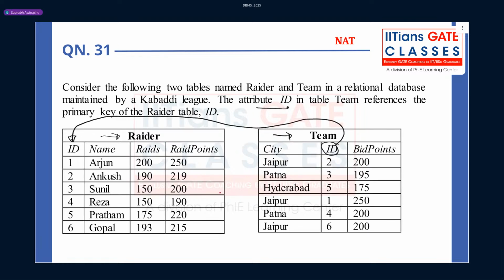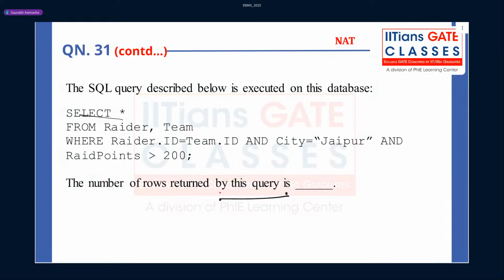Okay. So the first thing is, whenever we are trying to solve any query, the first thing that we have to look at is the from clause. So we start here. The from is from two tables, that is Raider and Team. So we have to take the cross product of these two.